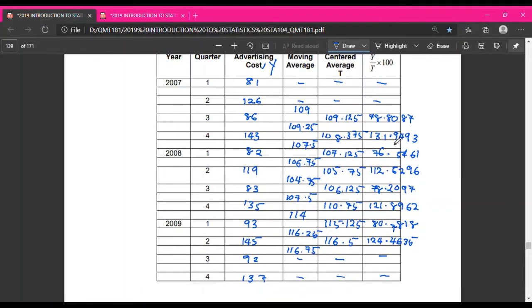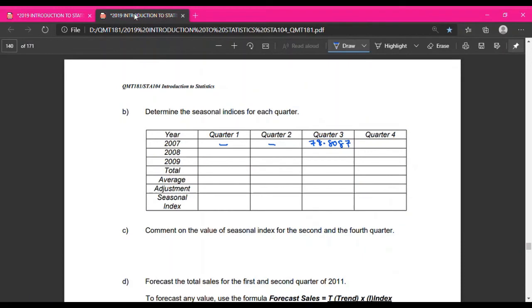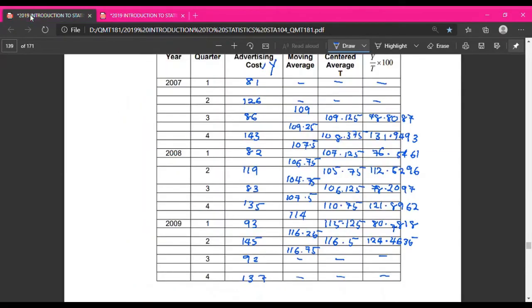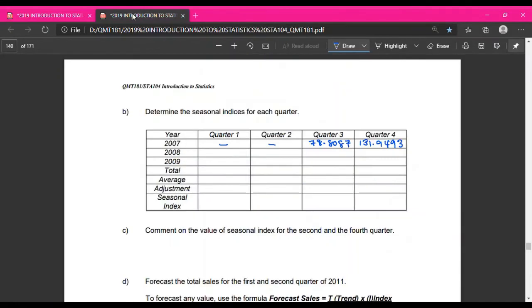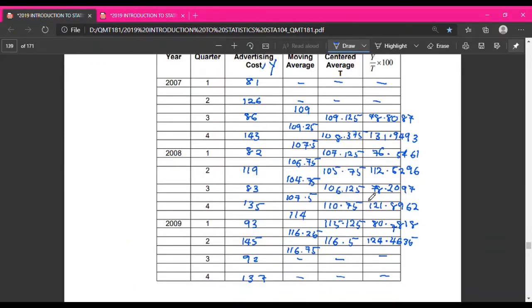Fourth quarter 2007, 131.9493. First quarter 2008, 76.5461. Second quarter 2008, 112.5296.